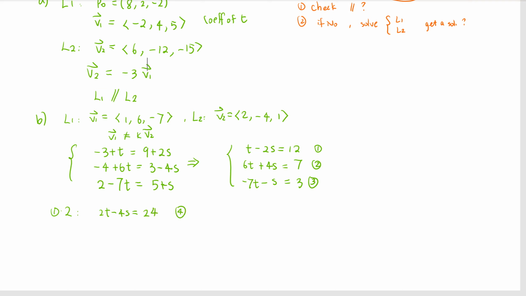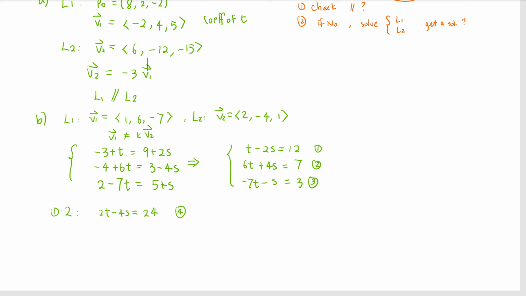Actually there are a lot of ways to solve the system of equations, right? Two equations can already help us solve for the unknowns, and then we can plug into the third equation and see whether it holds. If it holds, then that is the solution. If we get s and t, we plug into the third equation and it does not hold, it means there is no solution. Okay, so from the first equation, we get 2t minus 4s equals 24.